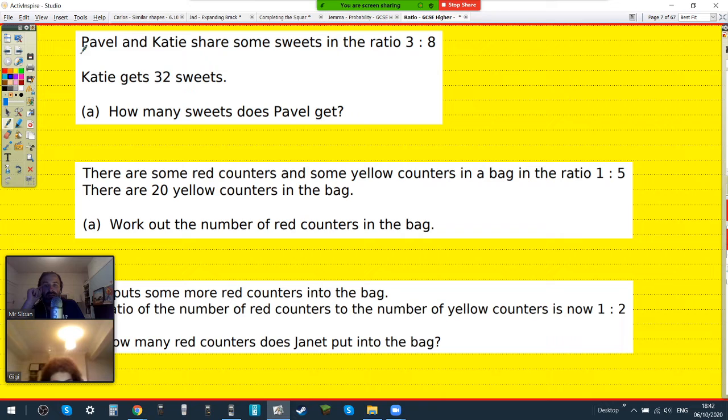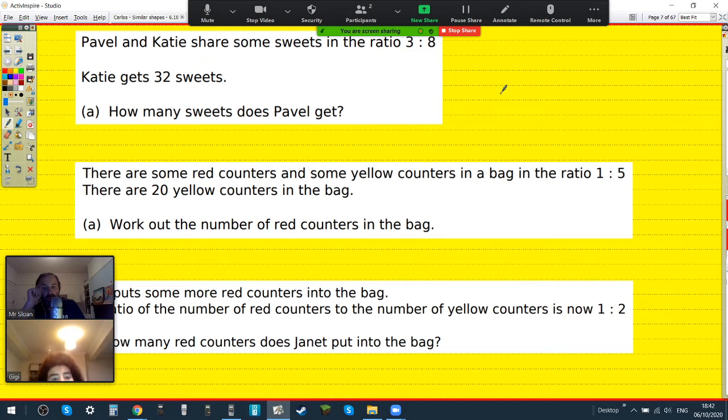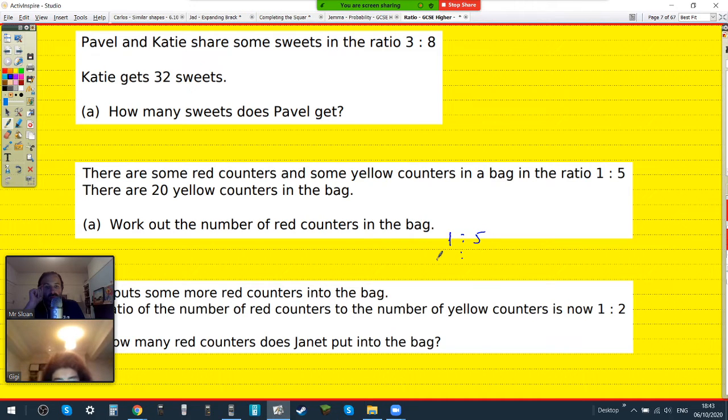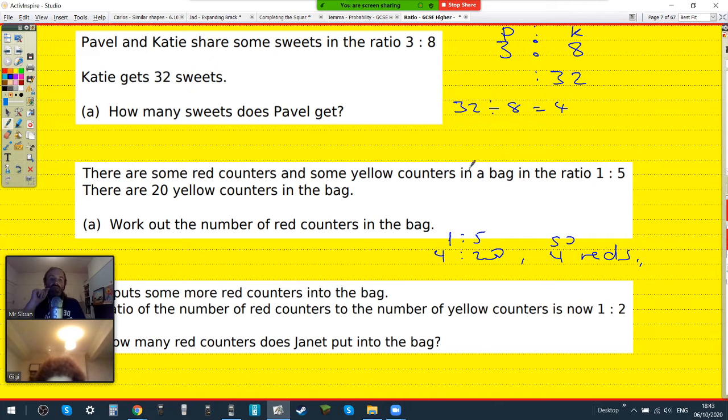So let's figure out how many sweets does Pavel get. 3 to 8. 8 times, 32 divided by 8 is 4. So it's ratio.